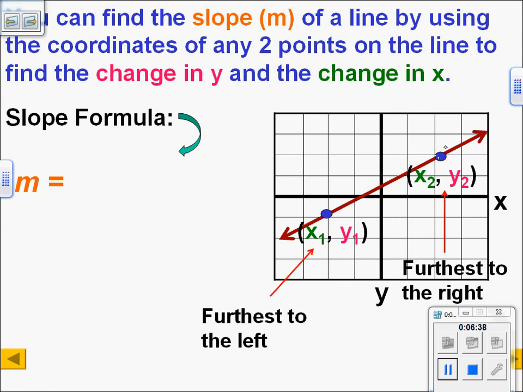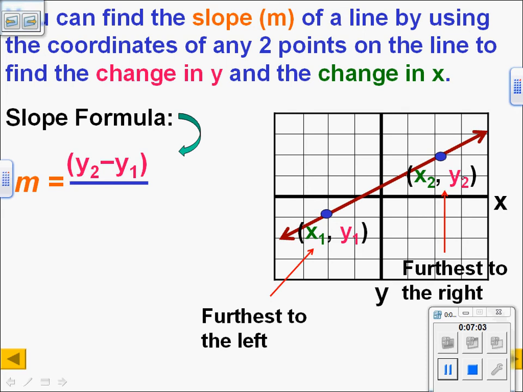So when you have your ordered pairs, you can organize them and put them into what's called the slope formula. Meaning, you can calculate the change in y. This is where it started, this is where it ended up. So if you do where it ended up minus where it started, it'll tell you how much it went up. So y2 minus y1. Remember, all ordered pairs are x comma y.